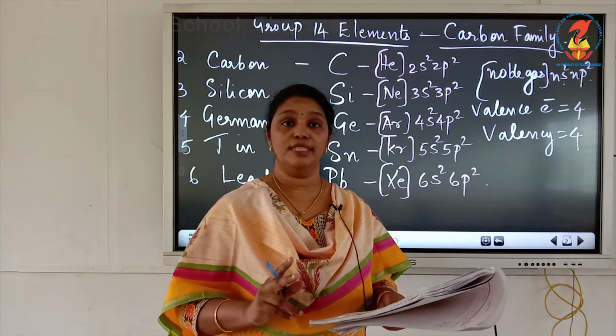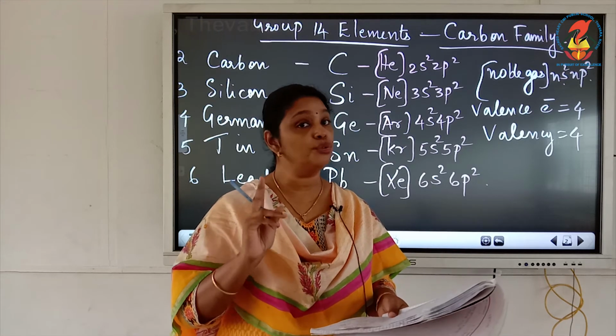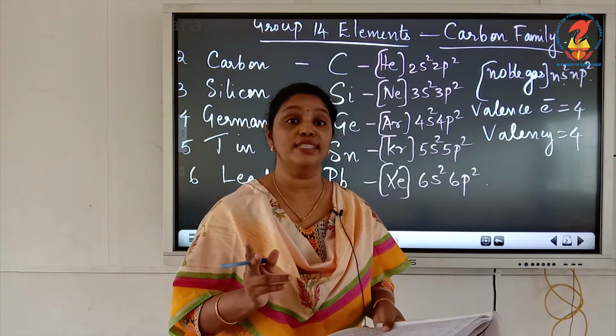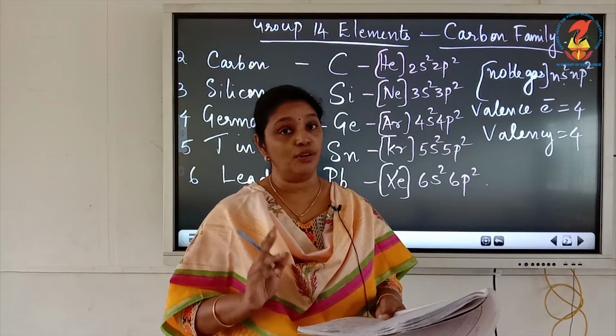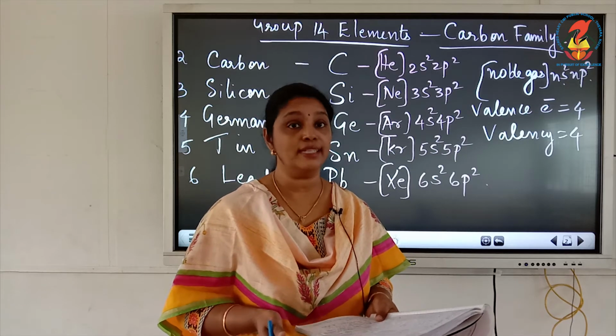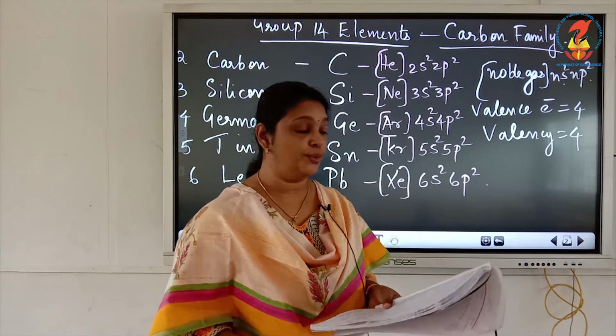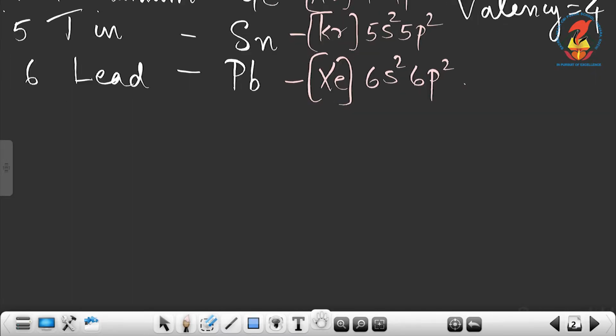Next, let us discuss the oxidation state of group 14. For group 13, we saw they can show two oxidation states that differ by a unit of 2. Same way group 14 elements also can show two oxidation states which differ by a unit of 2. The oxidation states exhibited are +2 and +4.